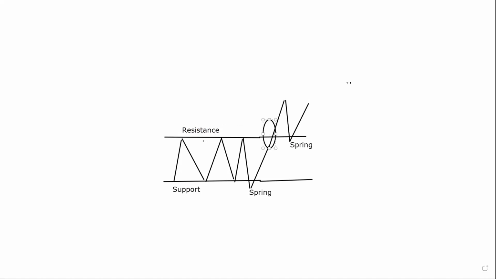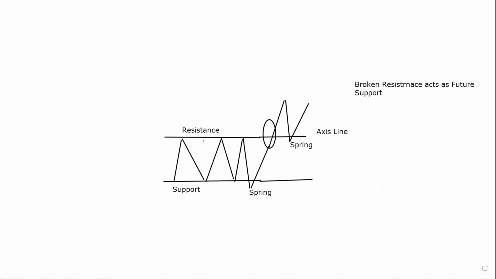Now remember this rule. You know this already. Broken resistance acts as future support. Remember? So this is what we call the line when the resistance is changing role with support. When it is acting as both support and resistance, we call this an axis line.